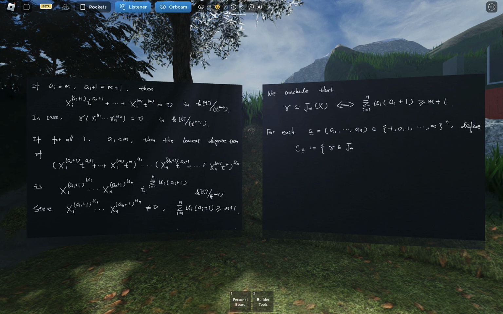This will be the m-jets over the affine space An such that the associated tuple to gamma is given by this A. For each gamma, we can attach a tuple to it, and C_A will be the collection of gamma such that A(gamma) is equal to this particular tuple. Then we notice the following facts.